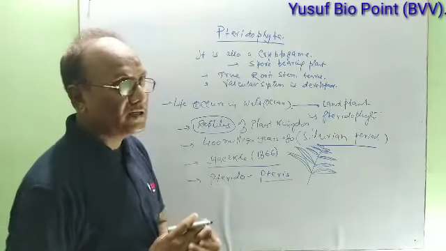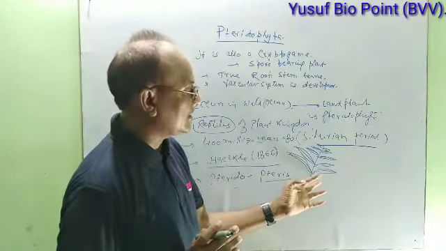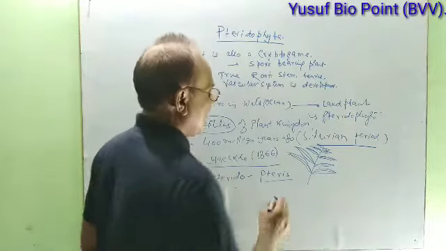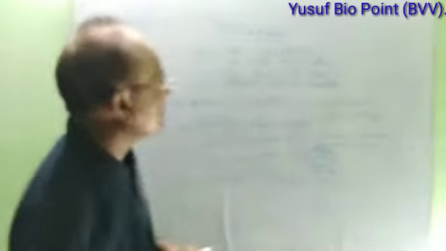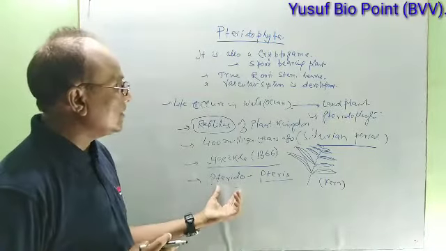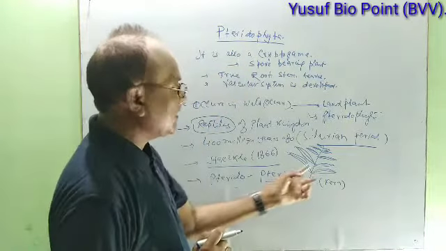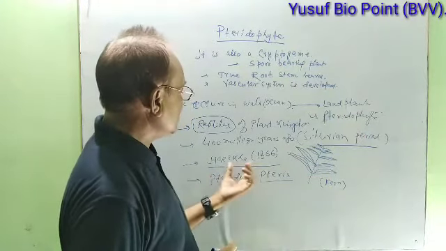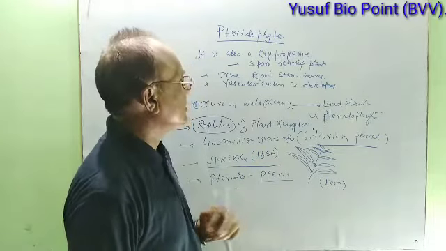This plant looks like a wing, so sometimes it is considered a wing-like structure. This is a common example. So from this name, Pteridophyta means a plant which is like a wing. And the word was first used by Haeckel in 1866.